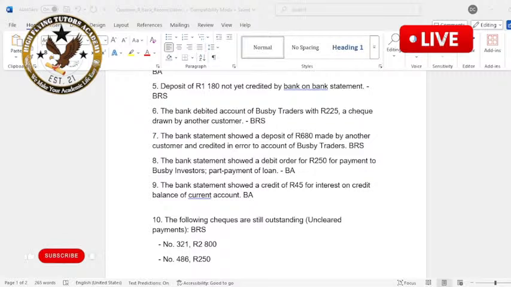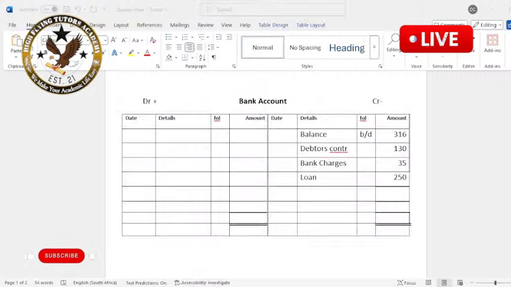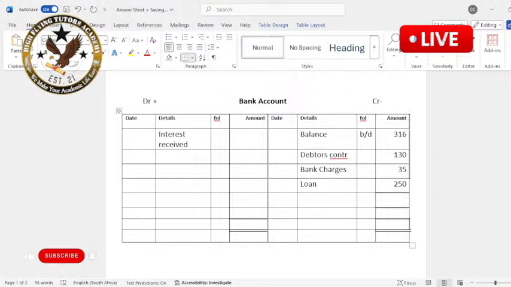It's only us. So we go to our answer sheet right there in the bank account, and say interest received or interest income.